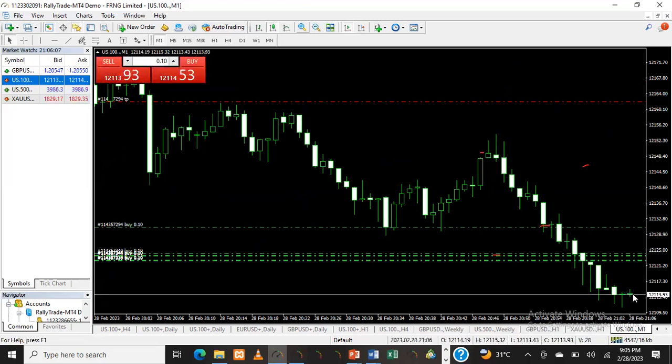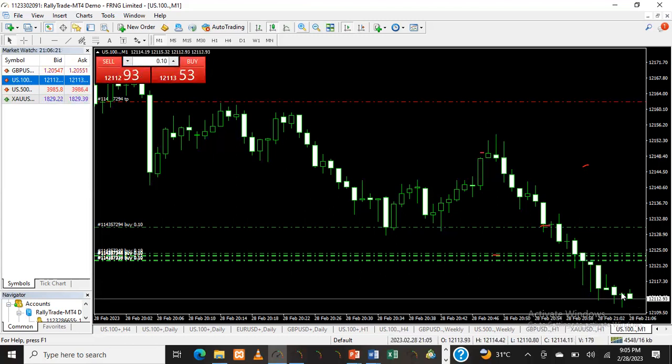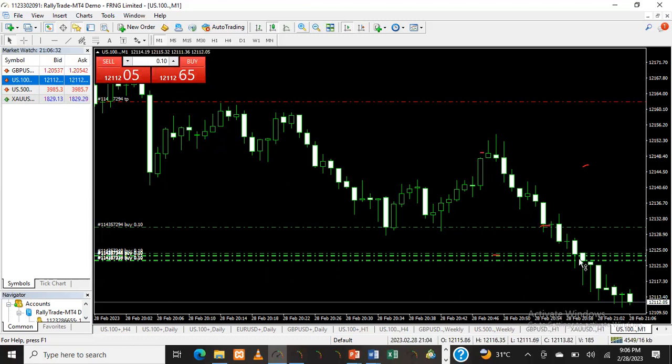Now you see, we are trying to see a bullish candle form here. This is known as a pin bar in the market. Most people will prefer to trade this one when they see this pin bar. This is going to tell us that a reversal is about to happen in this market, but we still have more bearish pressure on a smaller time frame, even on a higher time frame.